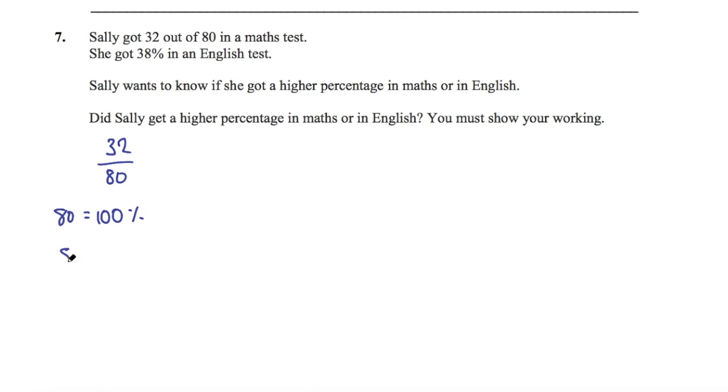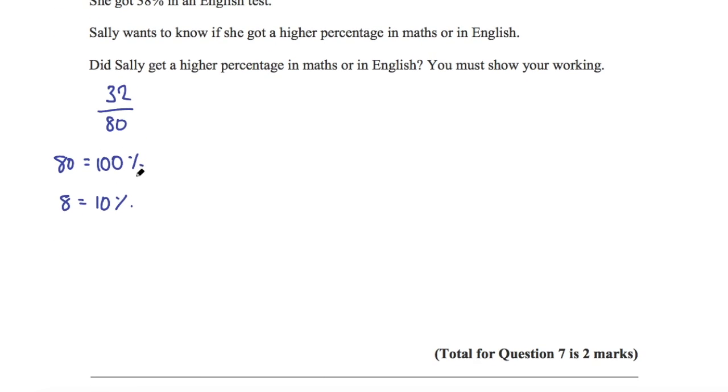Let's say 8 must be 10% of that mark, because I've just divided both by 10. And then 32, that's 4 times 8. So we can say 32 must be 10% times 4, or 8 times 4. So 32 will equal 40%.